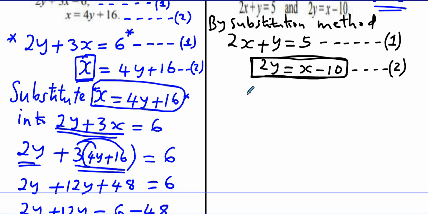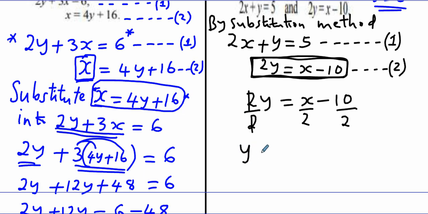So we say 2y equals x minus 10. We have first to do step number 1. Step number 1 is to make one letter the subject. In this case, y is almost the subject. So what we do, we divide by 2 throughout, so that we can cancel these 2 and set y free.